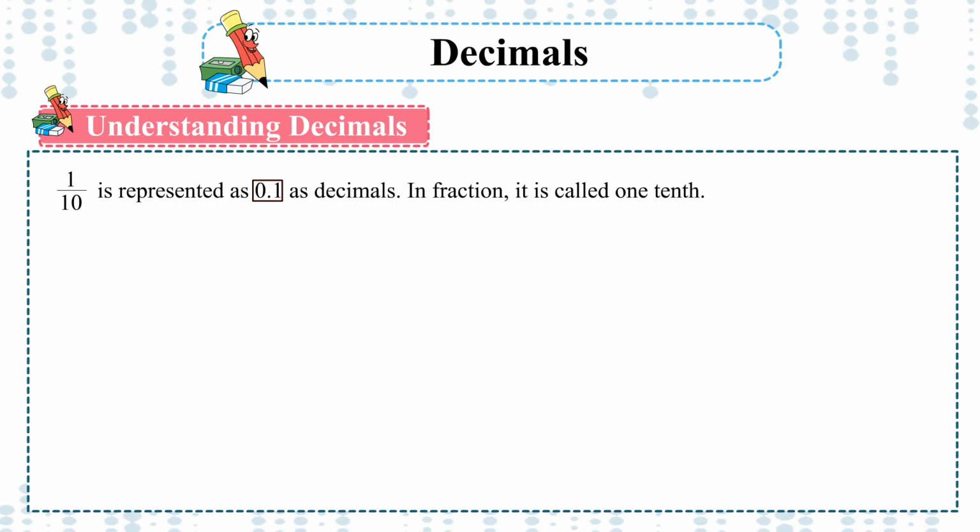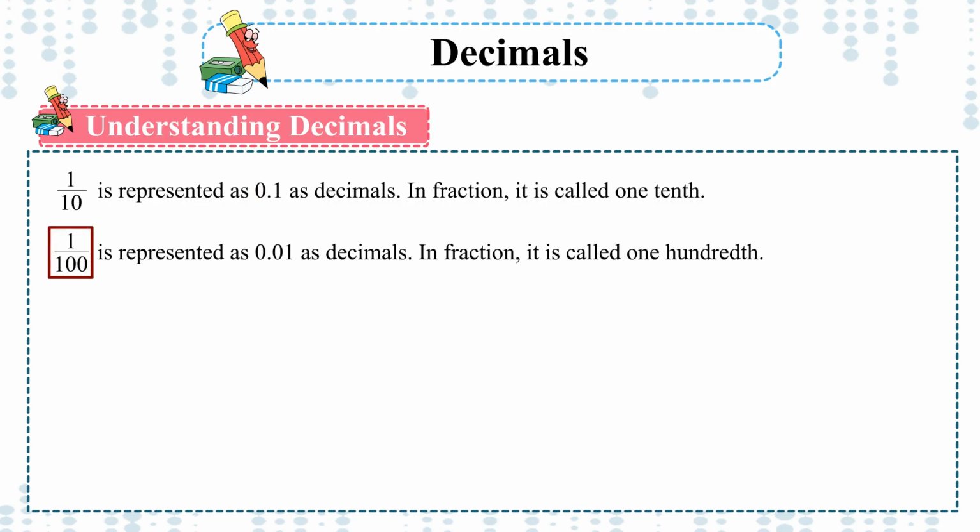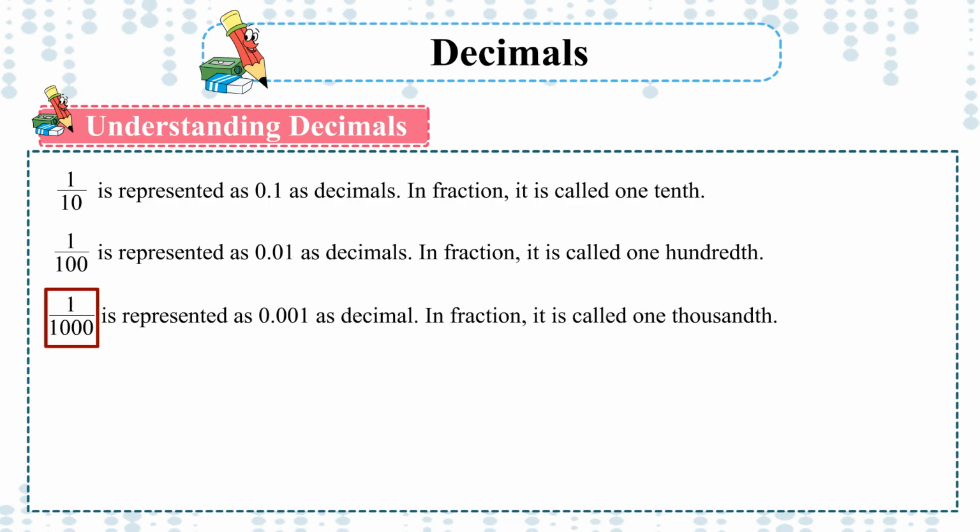In fraction, it is called 1/10. 1 upon 100 is represented as 0.01 as decimals. In fraction, it is called 1/100th. 1 upon 1000 is represented as 0.001 as decimal. In fraction, it is called 1/1000th.